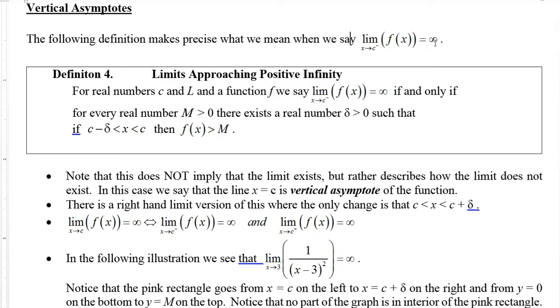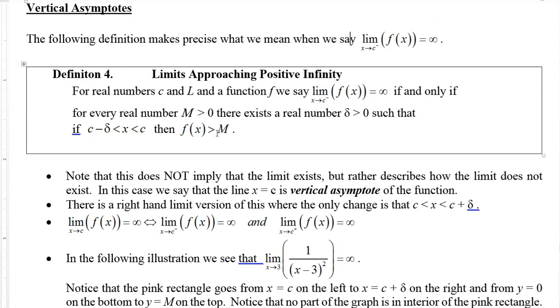So what this says is, for real numbers c and L and a function f, we say the limit as x approaches c from the left side of f of x is infinity if and only if for every positive number M greater than 0, there exists a real number delta greater than 0, such that if x is on the left side, this is a left limit, so x is between c minus delta and c, then f of x is big.